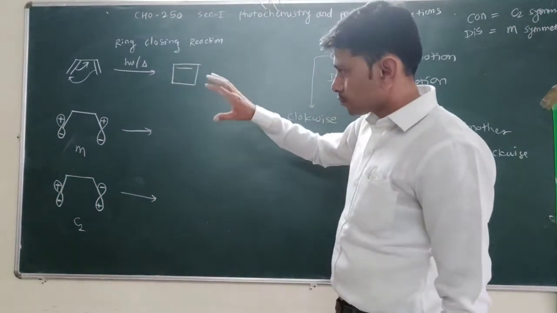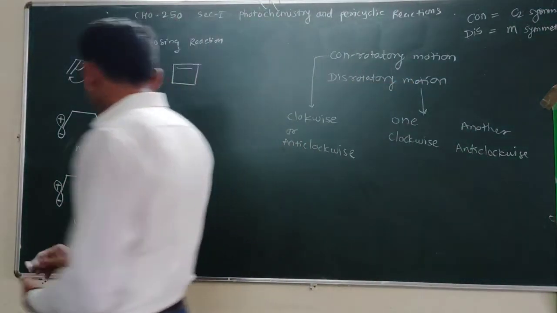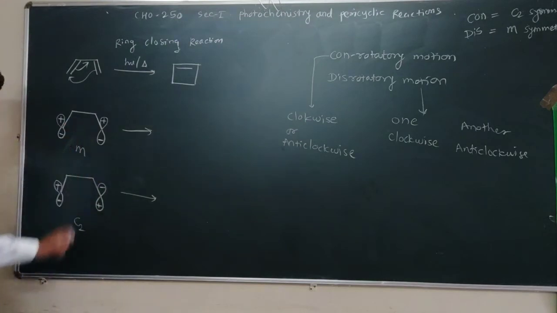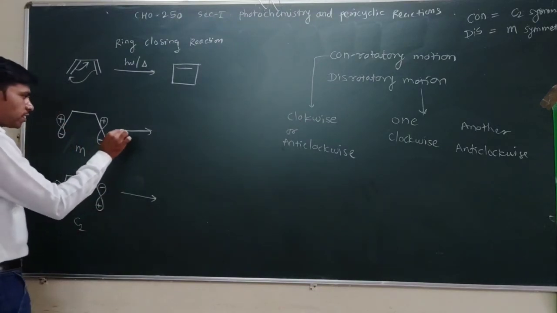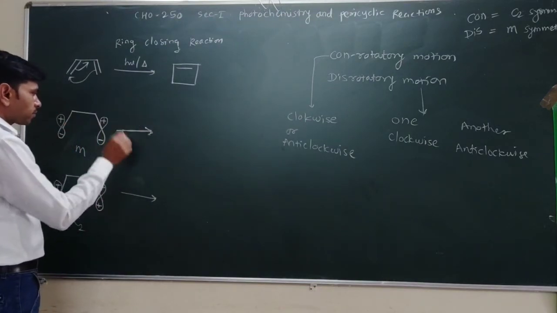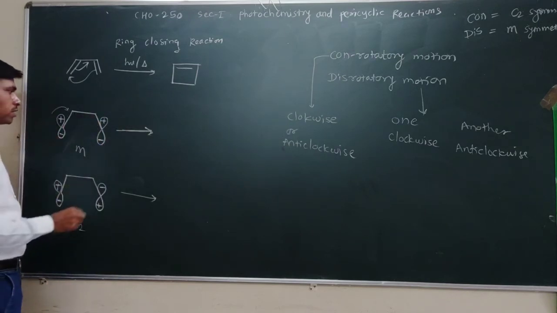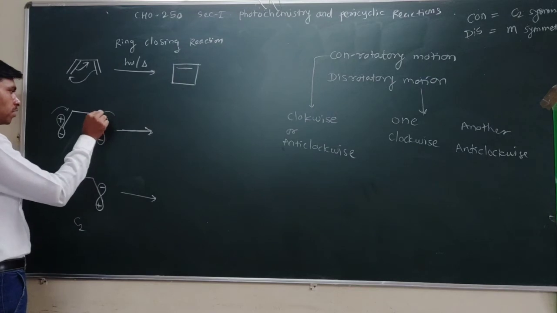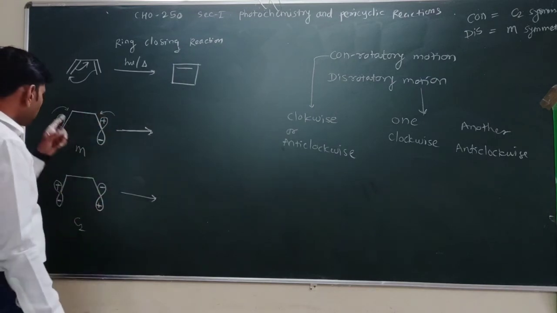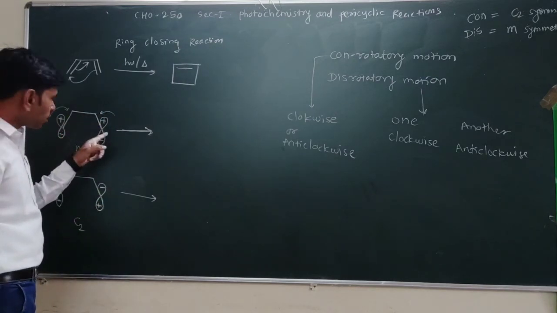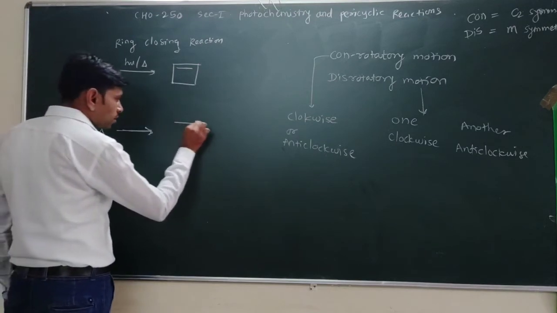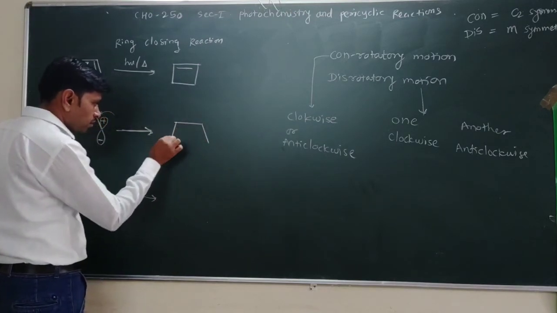Now, for M symmetry orbitals, when there is a possibility of bonding overlap, suppose one rotates clockwise and another rotates anti-clockwise. Then see the result.